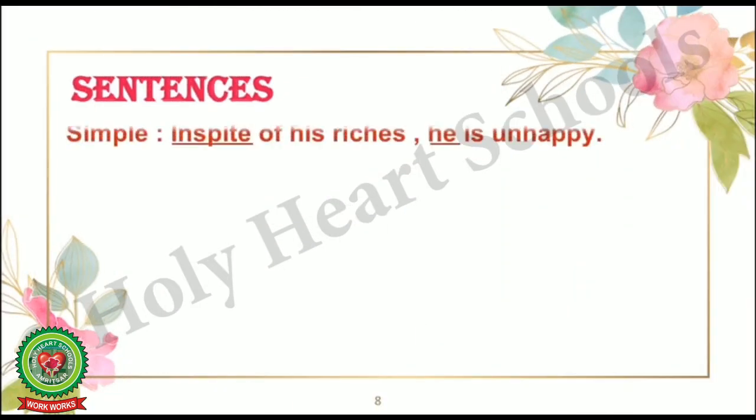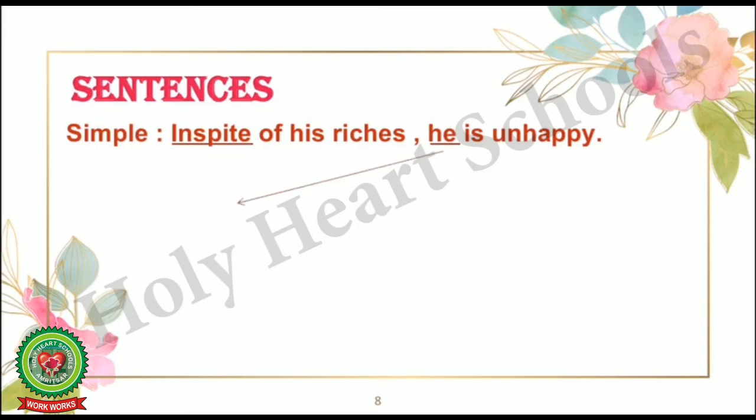Next sentence: in spite of his riches, he is unhappy. Children, here in spite means without being affected by something. So now children, here we have contrasting situations. A person is said to be rich, but he is not happy. So the same simple sentence can be written by using the adversative conjunction, that is but.